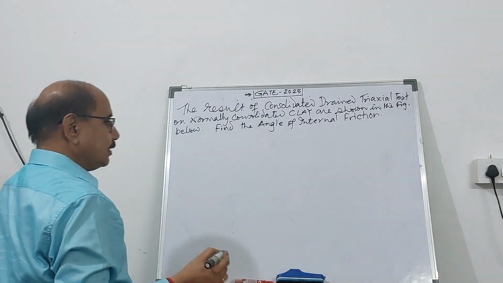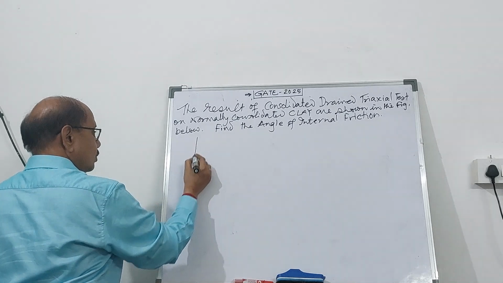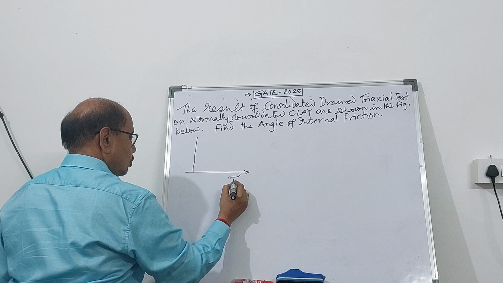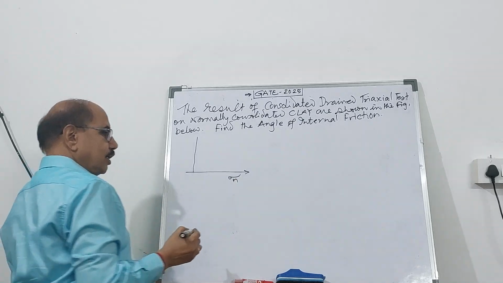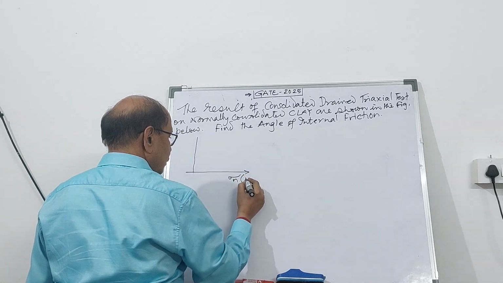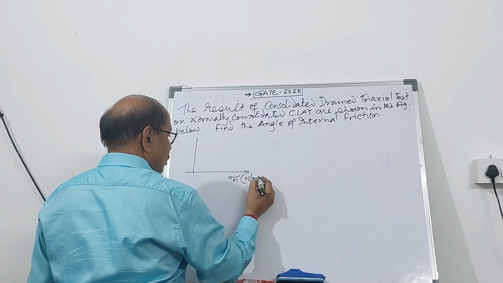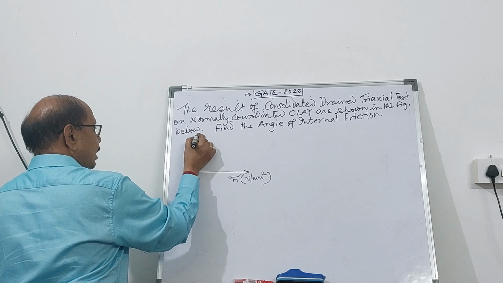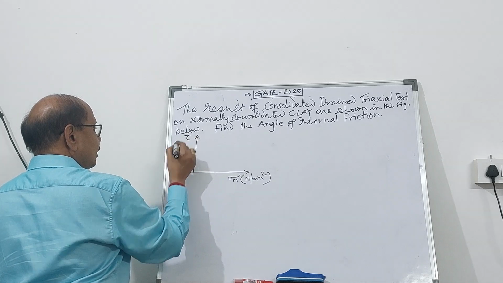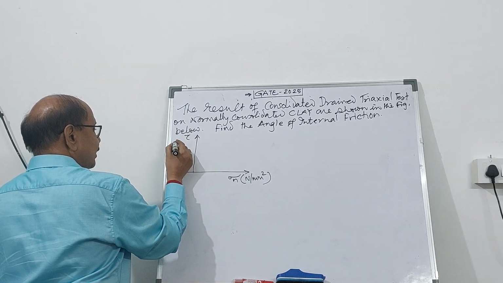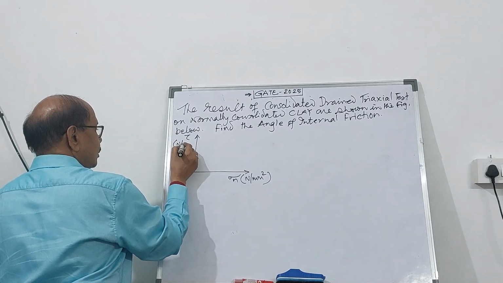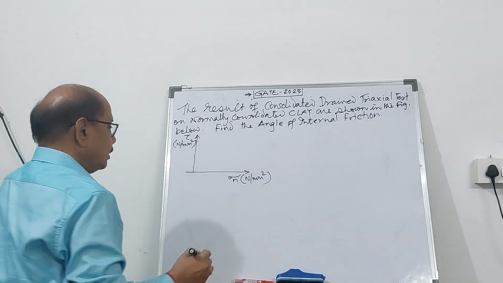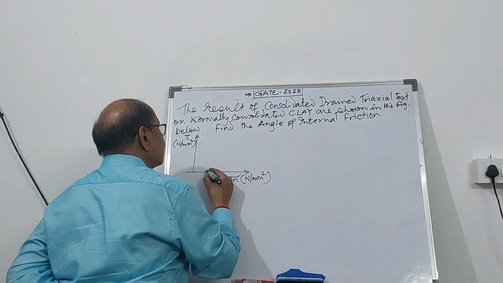The figure is like this. This shows the normal stress in Newton per mm square or megapascal, you can call it. And on the y-axis, it is the tau value or shearing stress in Newton per mm square. And it is given like this.